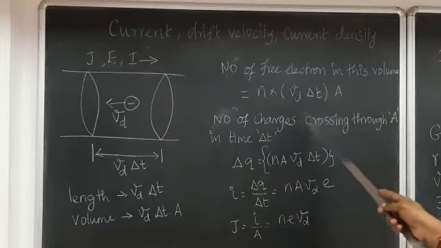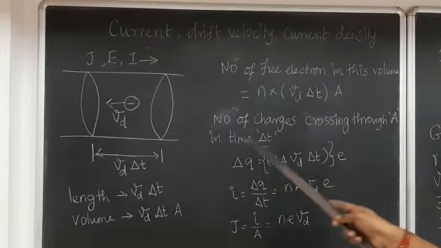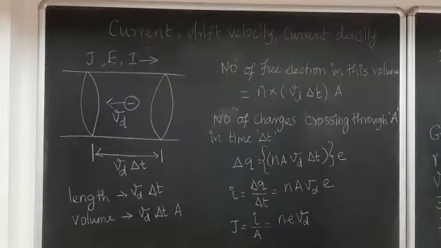So the number of charges crossing through that area in time delta t, as we know Q is equal to Ne, is delta Q equal to n A Vd delta t into e.